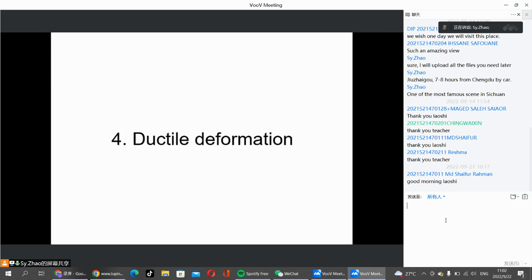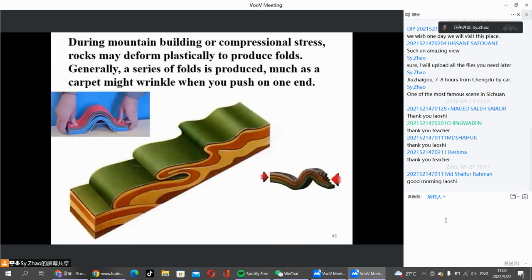So next, after the brittle deformation or fault, we need to explain the ductile deformation, the fold. During mountain building or compressional stress, rock may deform plastically to produce folds, and generally a series of folds is produced, much as a carpet might wrinkle when you push on one end.